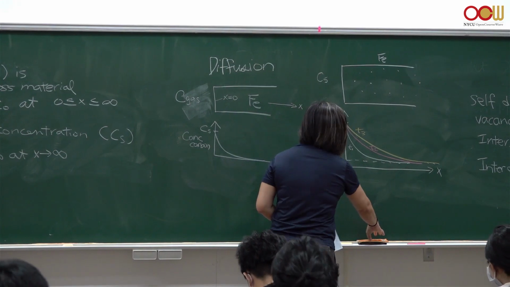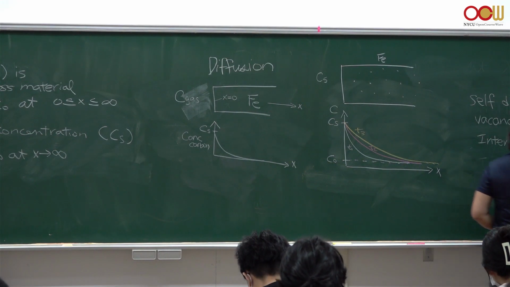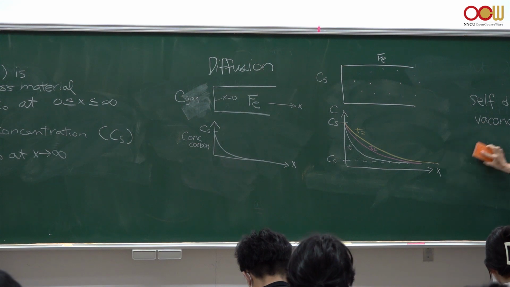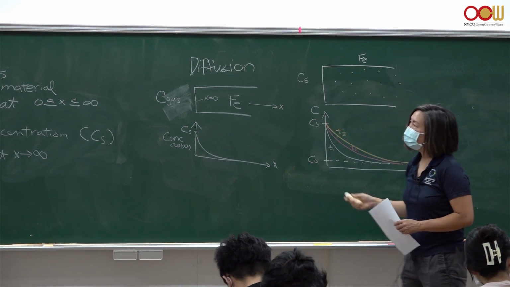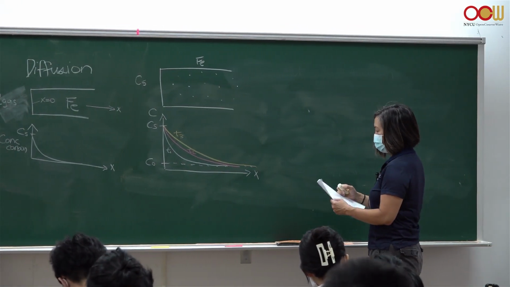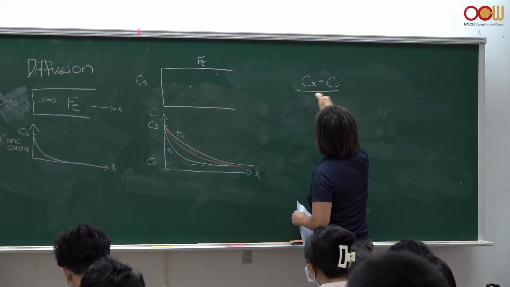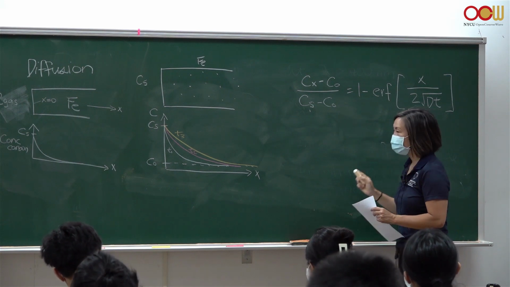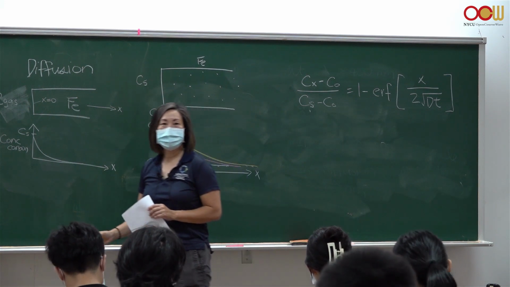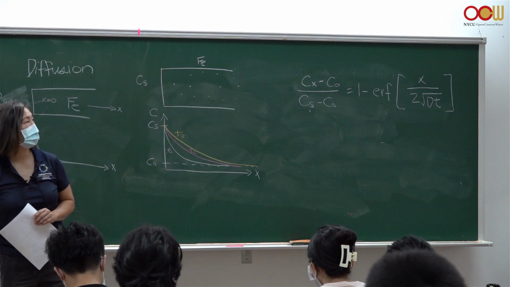So if you can satisfy all of these conditions, which is not that difficult, then you can take that differential equation and write it like this. You can use this equation to describe diffusion.